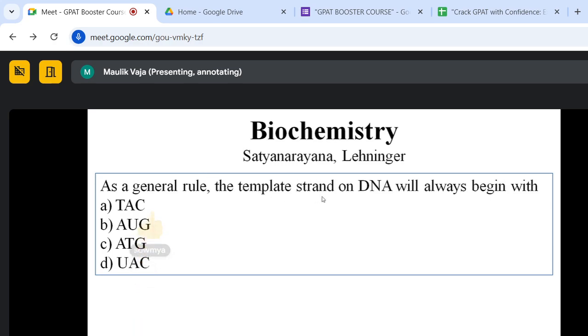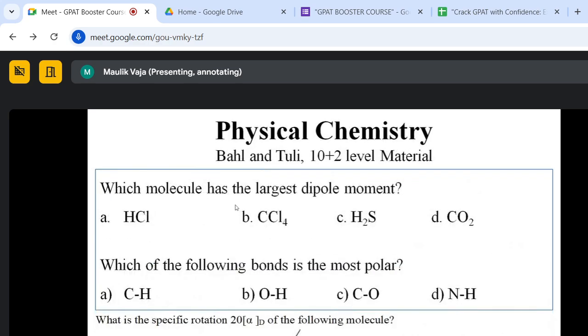The template strand on DNA will always begin with TAC, so the correct answer is option A, TAC. So read the question twice before giving the answer. Don't be in such a hurry.